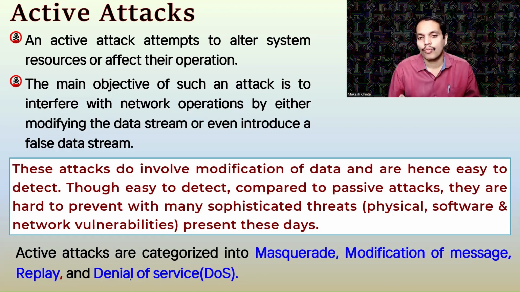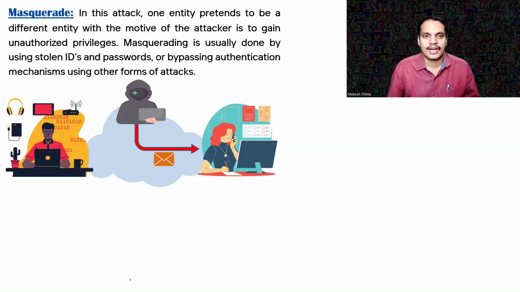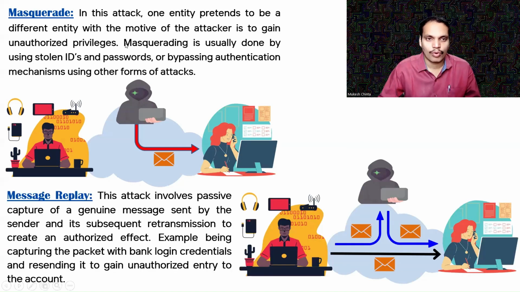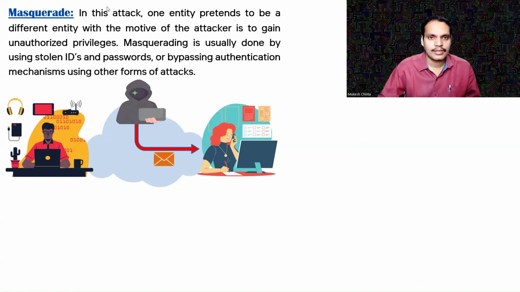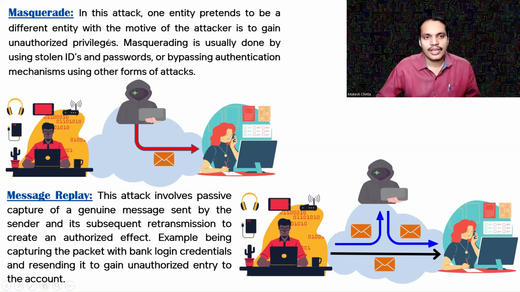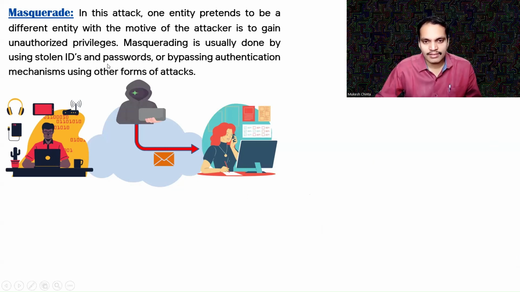Let's understand what they are. First, let me start with the masquerading attack. Once again, let me use the same terminology. This is Bob, this is Alice, and this is Darth.